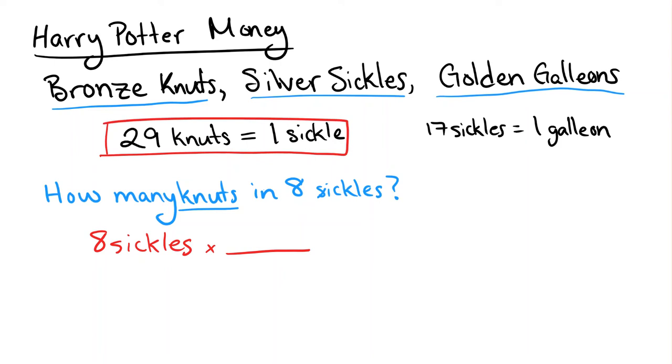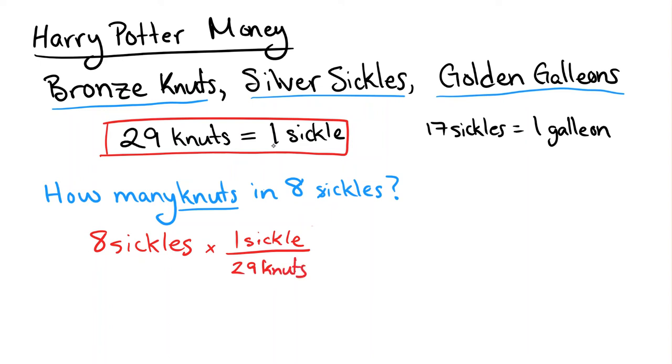So I'm going to write that as if it's a fraction, but there's 2 ways that I could write this. I could go 29 knuts in 1 sickle, which means there's 29 knuts per 1 sickle, or I could write it the other way: 1 sickle for every 29 knuts, because they're equal to each other.